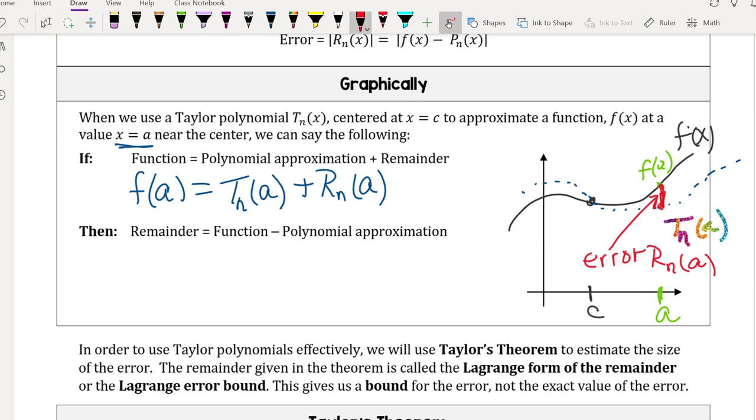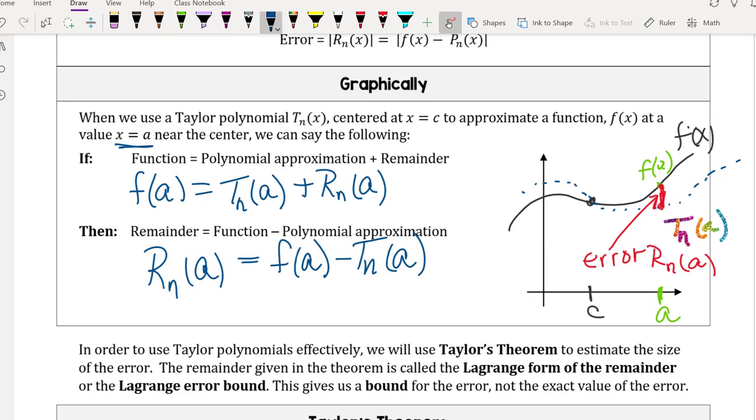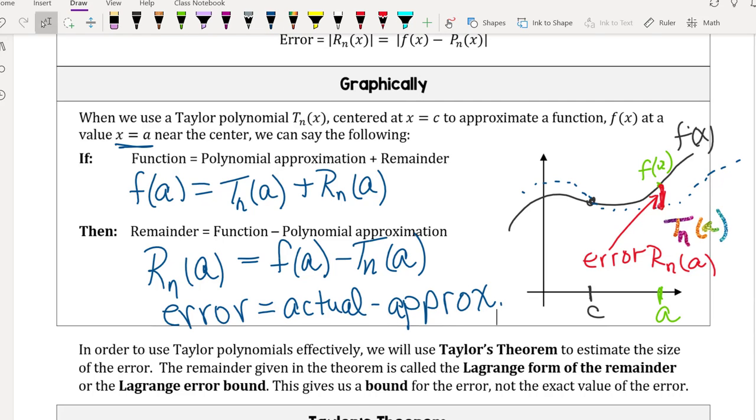It's how far we are away from the actual function value. So we can find that value by taking the actual function value and subtracting the approximation at that value. So we have our error equals actual minus approximation. So that's visually what we're doing.